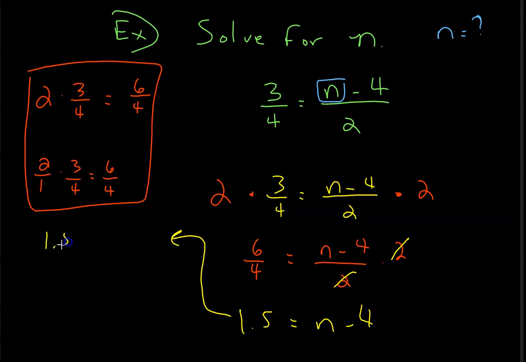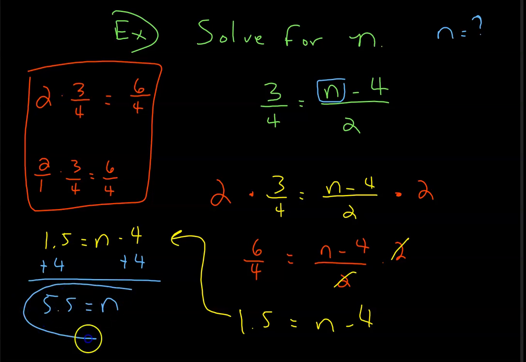So 1.5 plus 4 is 5.5, and that's equal to n. So n is a decimal, and it's 5.5. All right, hope that makes sense. That's all I have. Good luck.